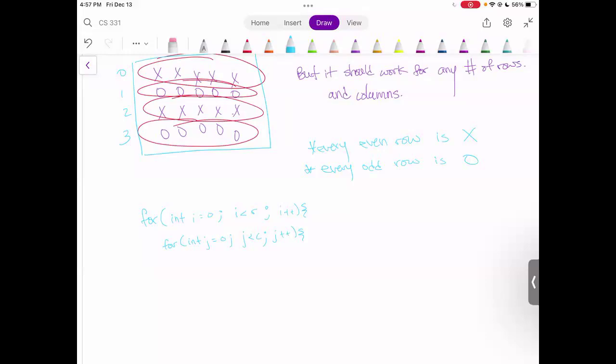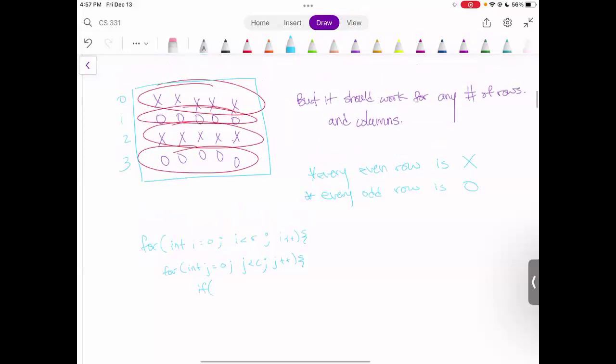And then we say if, let's call this, we'll call this, what do we want to say? If R mod 2 equals 0, this means if it's even.